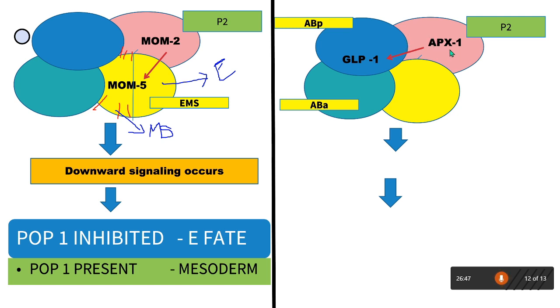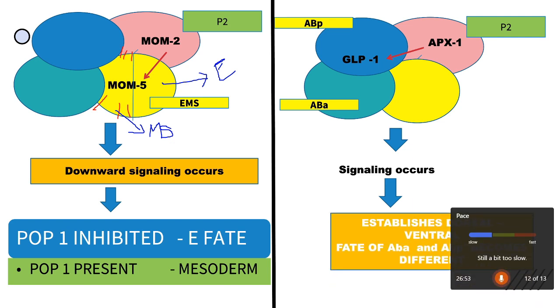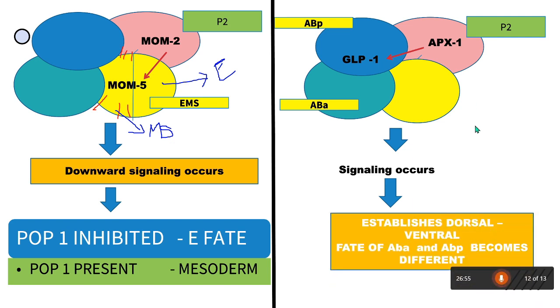When APX1 and GLP-1 interact, a downward signaling occurs and the fate of ABA and ABP becomes different. Initially they were equipotent, because they were conditionally specified by P2. Whatever signal is given by P2 is just followed by ABP and ABA.